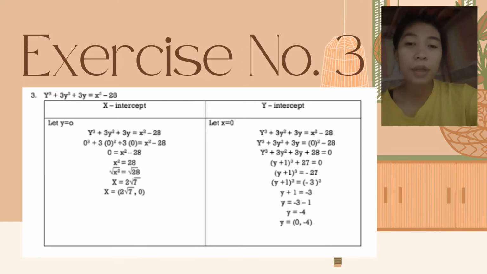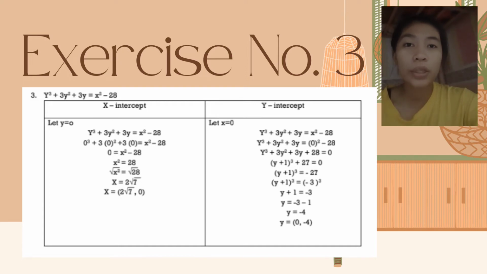So y-intercept naman, let x equals 0. So y cubed plus 3y squared plus 3y equals x squared minus 28. So y cubed plus 3y squared plus 3y equals 0 squared minus 28. So y cubed plus 3y squared plus 3y plus 28 equals 0. So (y plus 1) cubed plus 27 equals 0.